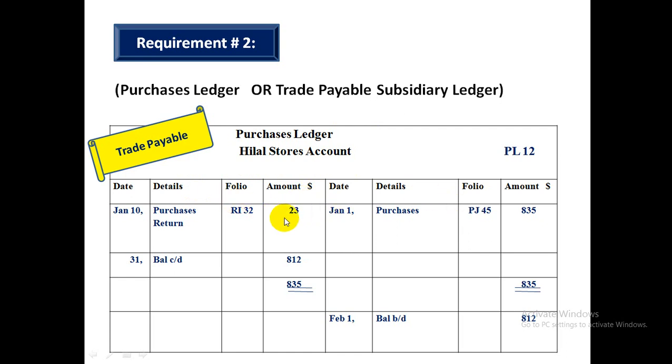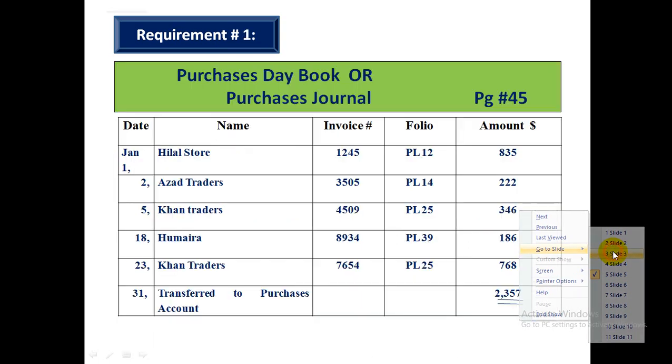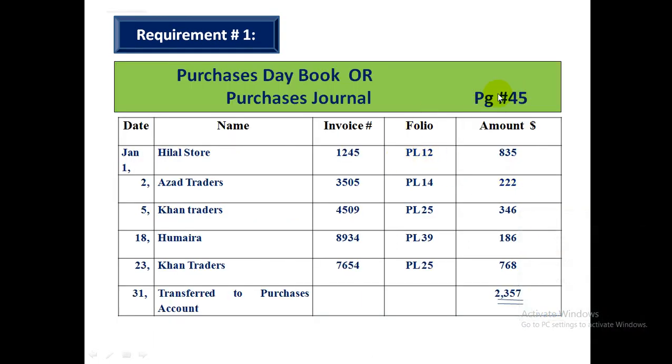Now let's do the footing and balancing of this account. This PJ 45 tells us that from purchases journal page number 45, we posted this information here. If you remember, in the purchases journal we had given it the page number 45.